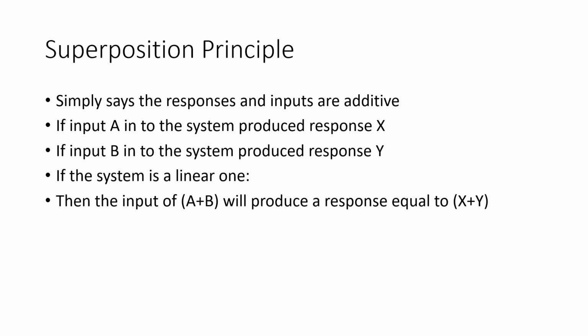Then you hang 4 kilos below and the spring deflects 2 inches. Then you know for a fact that by scaling the first one, you can get the second one. So the input A plus B will produce the response X plus Y. This is known as superposition. Superposition gives you implied linearity, which is a prior assumption, and it also gives you scalability.